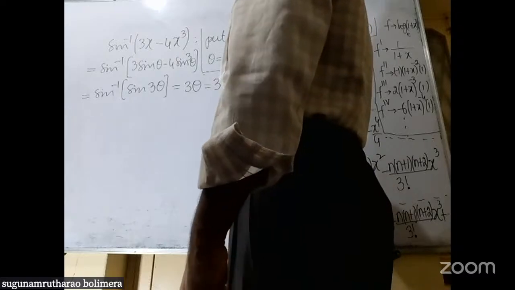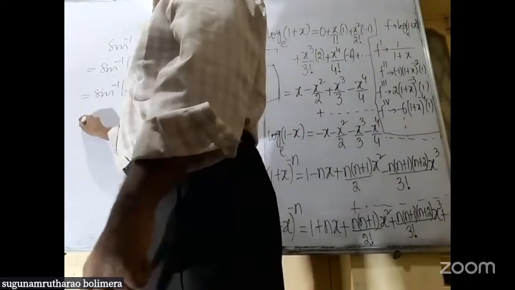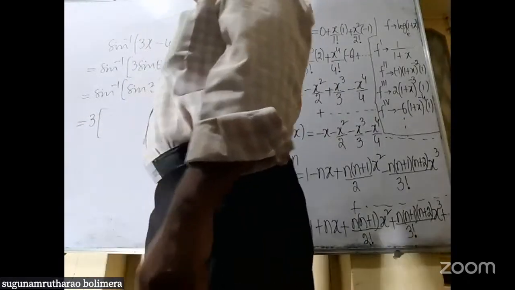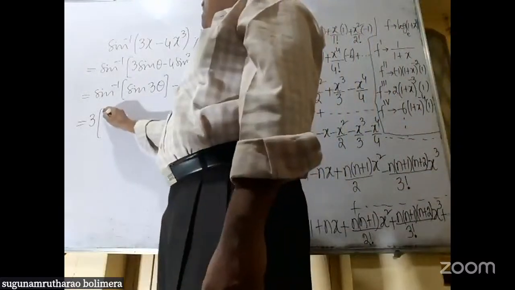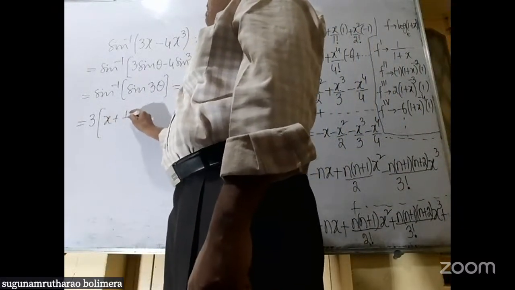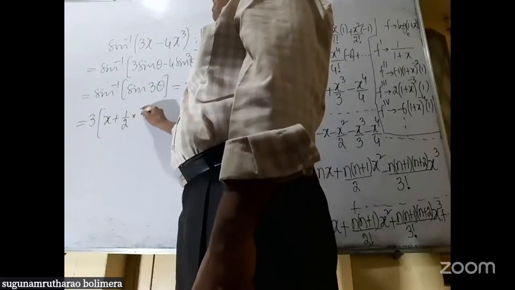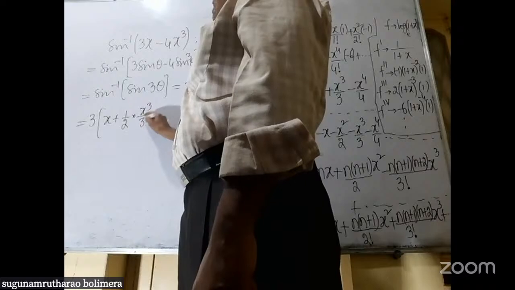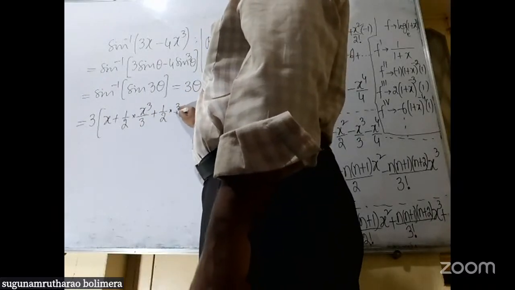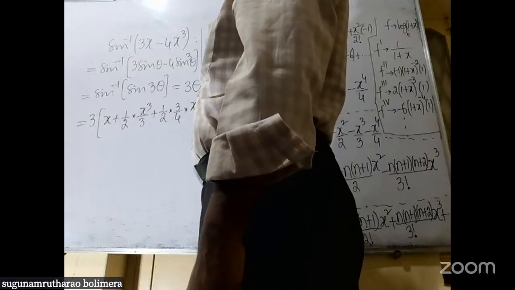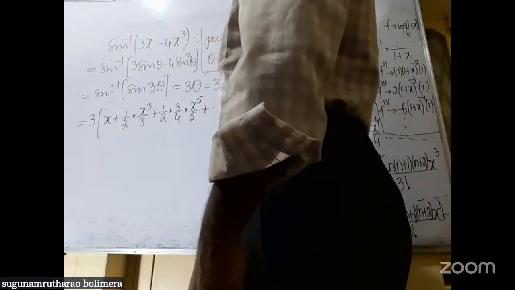You can write the expression of sine inverse. This is equal to 3 into what is sine inverse x expansion? x plus 1 by 2 into x cubed by 3 plus 1 by 2 into 3 by 4 into x power 5 by 5 and so on.